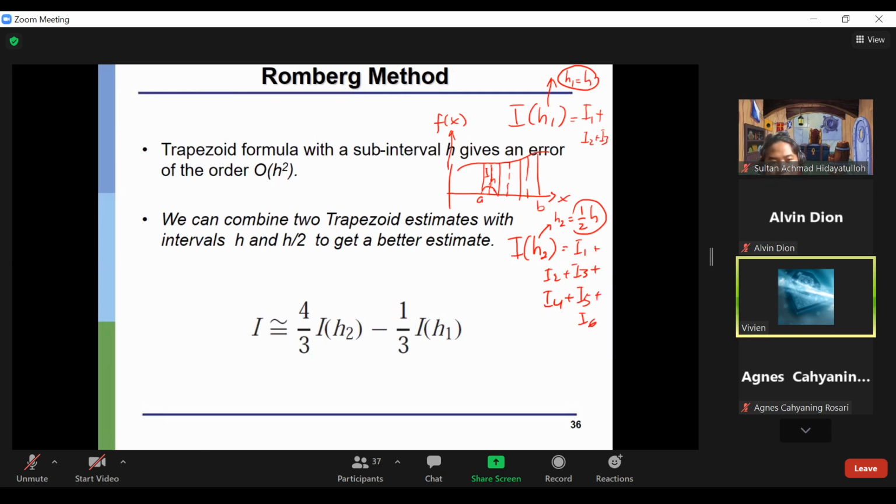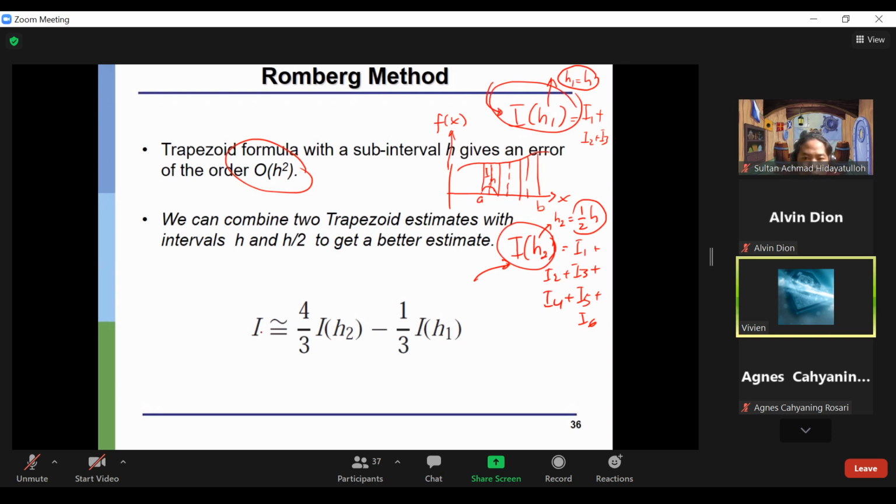If you look at each of these, the difference is only the number of segments. So the order of the scheme is similar. It's still a lower order scheme, but we are applying it at a different number of segments. Now to get a higher order scheme, we can combine these two lower order schemes.